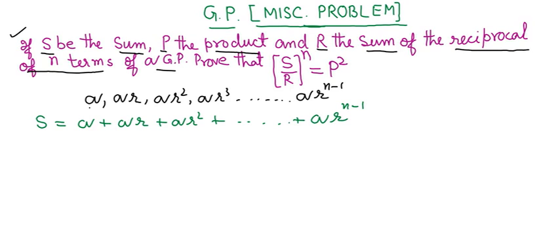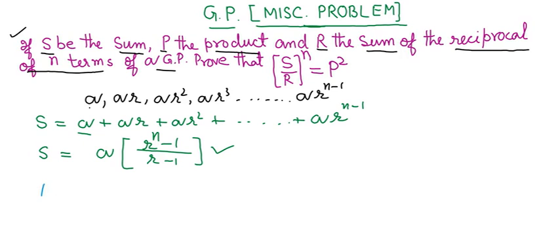Using the properties of the sum of n terms of a GP, this S will be equal to a, where the first term is a and the common ratio is r, into r raised to the power n minus 1 upon r minus 1. This is the sum.